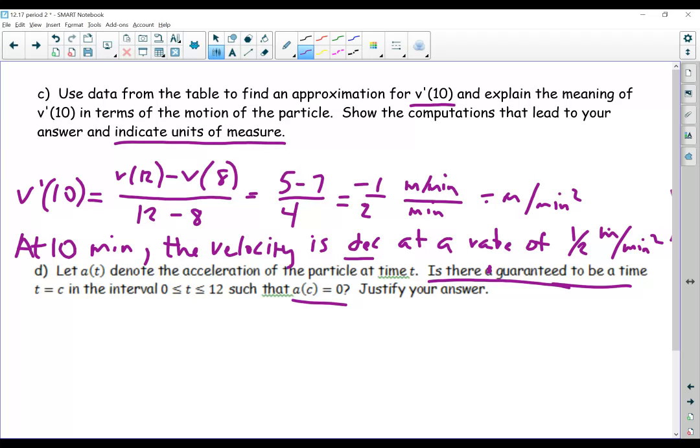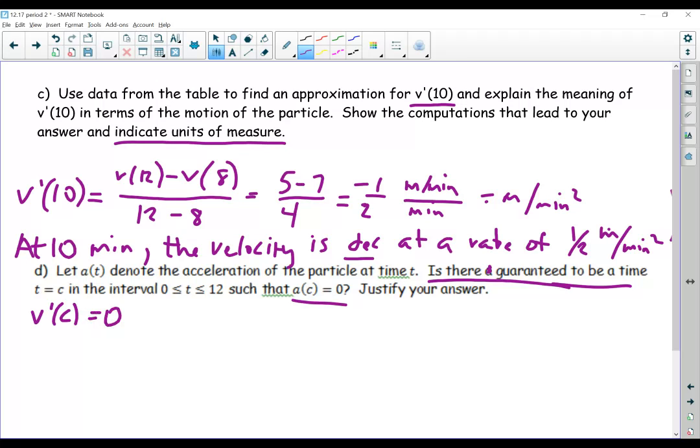Now, if I know my function is velocity that I'm starting with, they're asking me about acceleration. Acceleration is the slope or the derivative of velocity. So really they're asking me, is there a slope equal to 0? So is there a time where V prime of C equals 0?